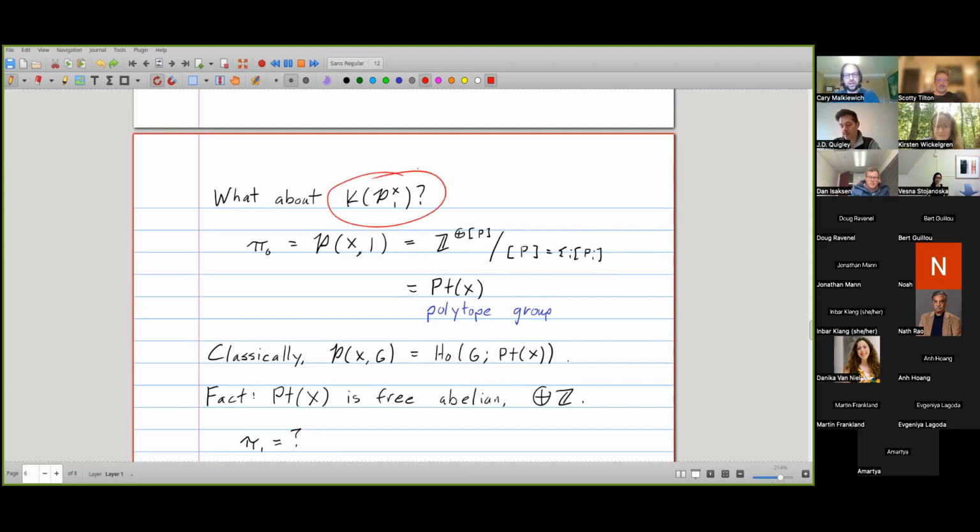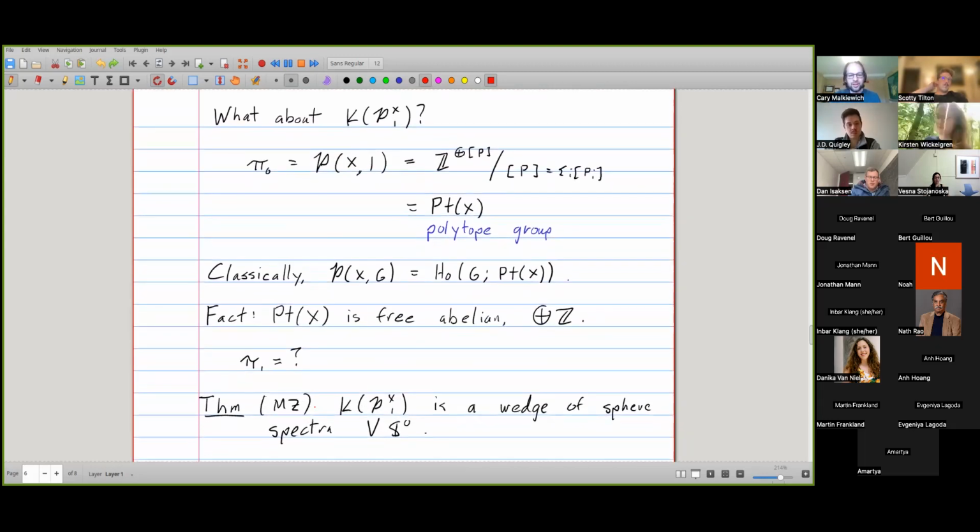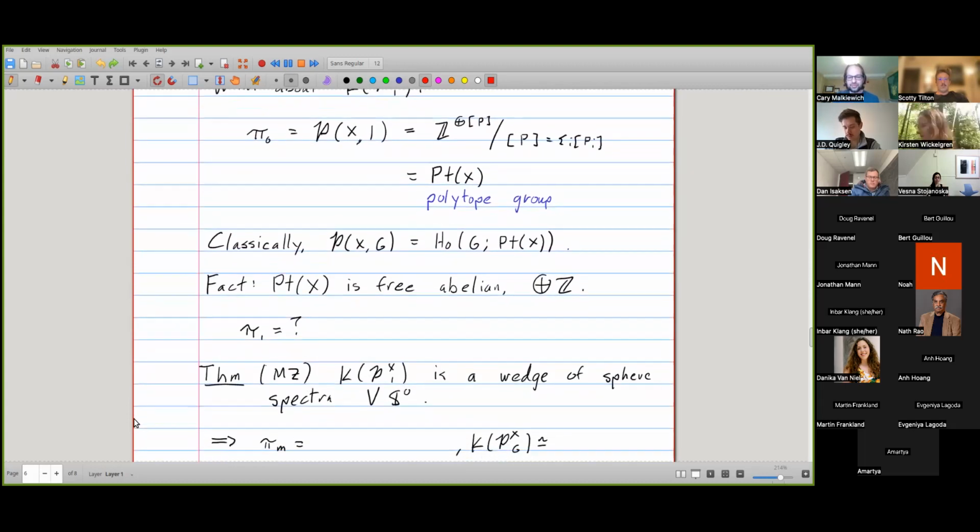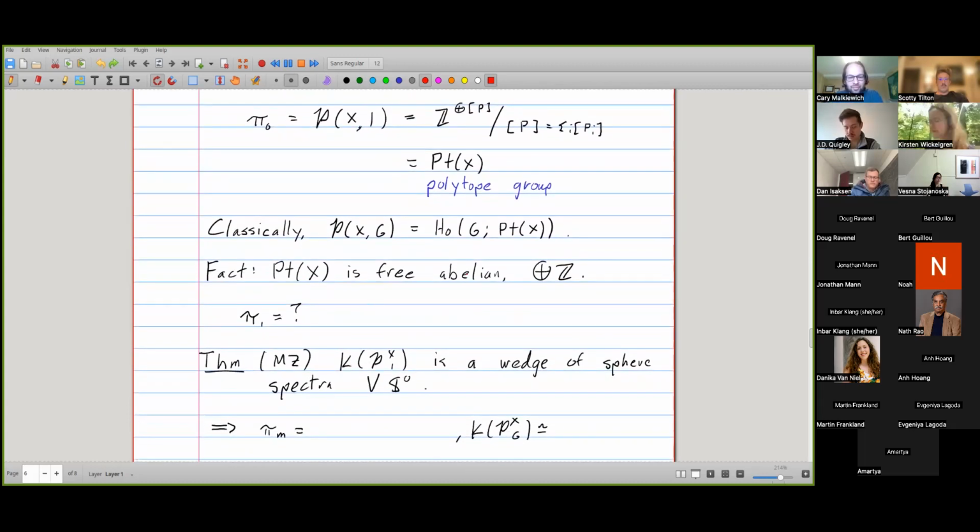Okay, so that's a good start. We're trying to get the homotopy type of the spectrum. We know at pi naught it's a free abelian group. So what are the higher homotopy groups? Well, what Ian and I proved is that this spectrum is a wedge of sphere spectra, a wedge of S zeros. In particular, at pi 0, I have one sphere for every one of these Z's.